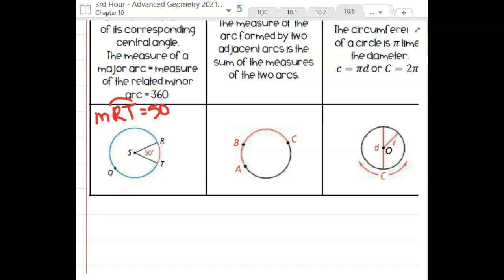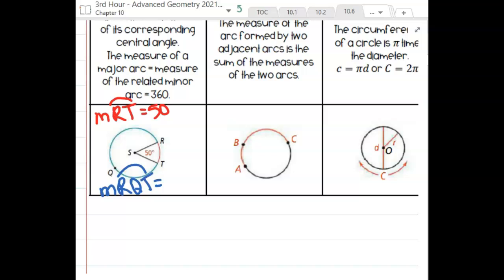Now, to find the measure of a major arc, in this case, there are 2 ways you can name it. You can name it TQR, remember you have to have 3 letters because it's a major arc, or you could go the opposite direction and call it RQT. Either way means the same thing. But to find the measure of that major arc, all the way around the circle would be 360.